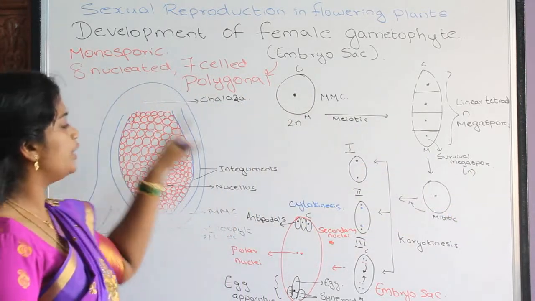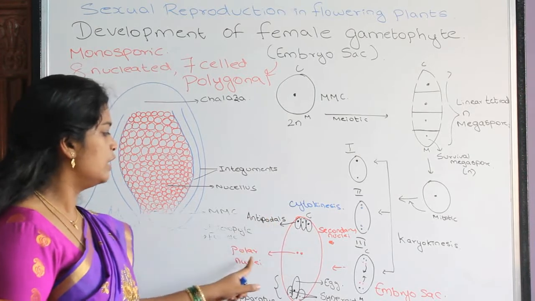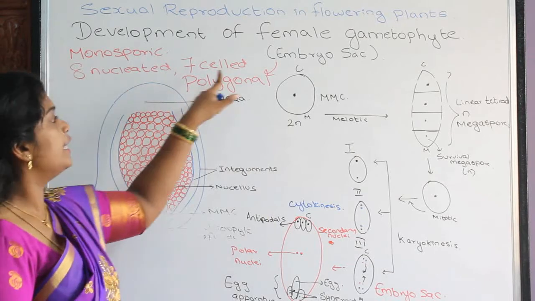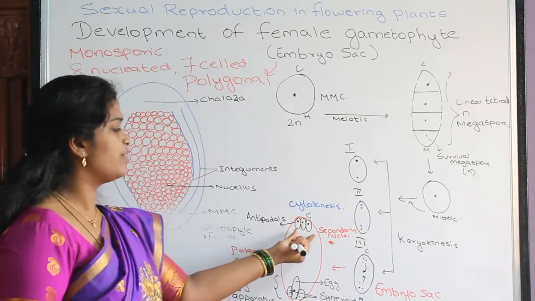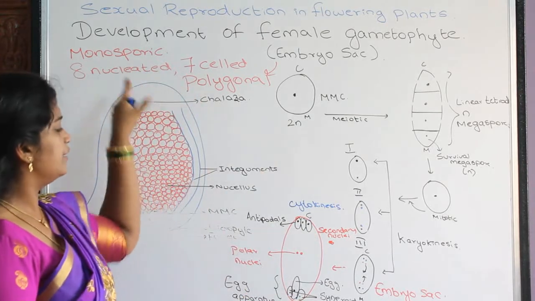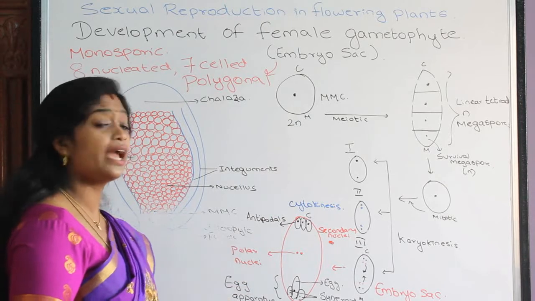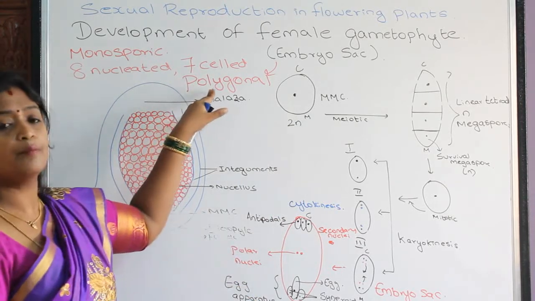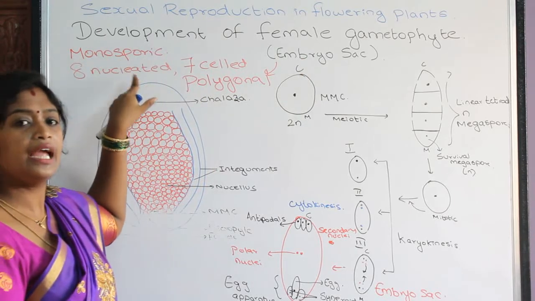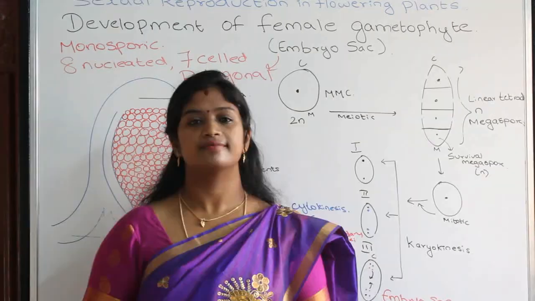It is 8 nucleated because it consists of 8 nuclei: 3 in the antipodals, 2 polar nuclei, 3 in the egg apparatus. It is 7-celled because it has 3 cells in the antipodals and 3 in the egg apparatus, plus the central cell. And this complete embryo sac consists of the antipodals, polar nuclei, and egg apparatus, so we call it the polygonum type. So the embryo sac is nothing else but the monosporic, 8 nucleated, 7-celled polygonum type of embryo sac.